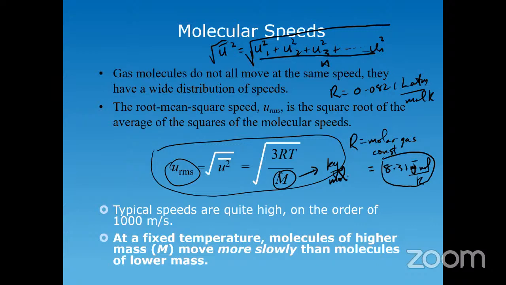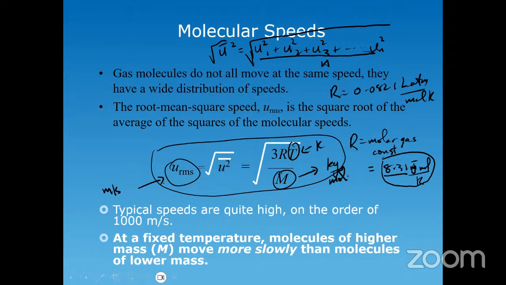You have to ensure that R is expressed as 8.31 joules per mole Kelvin, and M, the molar mass, is expressed in kilograms per mole. When you include those units into this equation, then the root mean squared speed will be given in meters per second. And by the way, the temperature must be in Kelvin, as always, when you're using this equation as well.